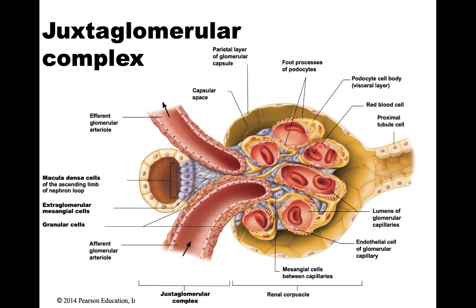And if the blood coming into the glomerulus is low pressure, do you think you're going to be filtering out a lot of waste? Or do you think the waste is just going to stay in the low pressure blood? The waste is going to stay in the low pressure blood. So with someone who has low blood pressure, they're really sending in blood and it's not getting filtered out effectively.